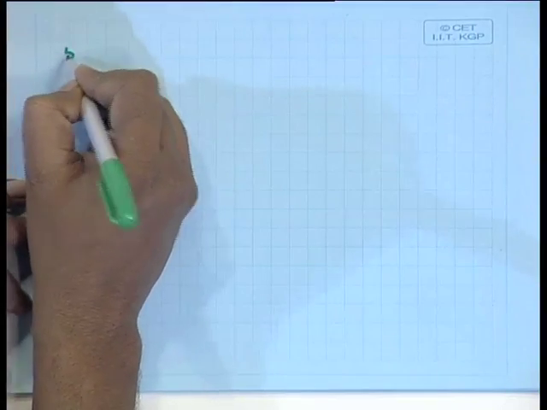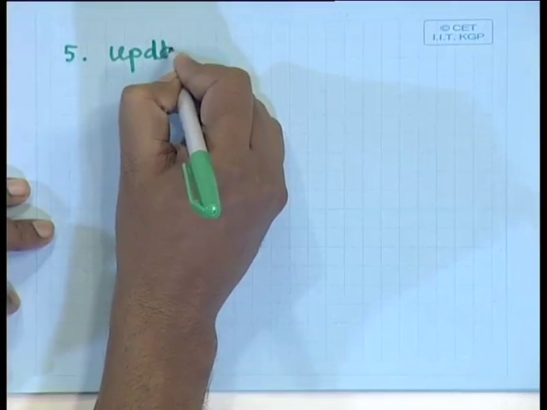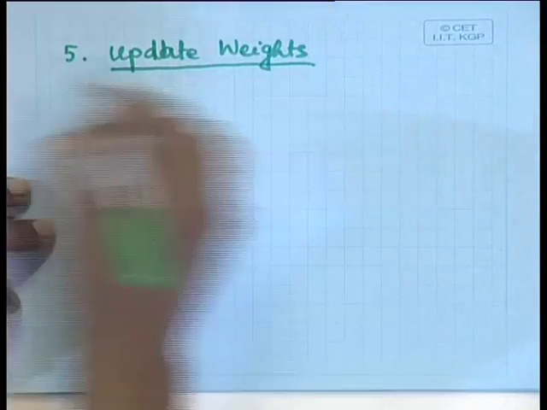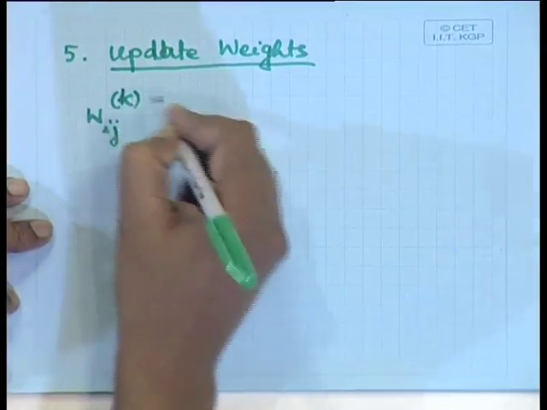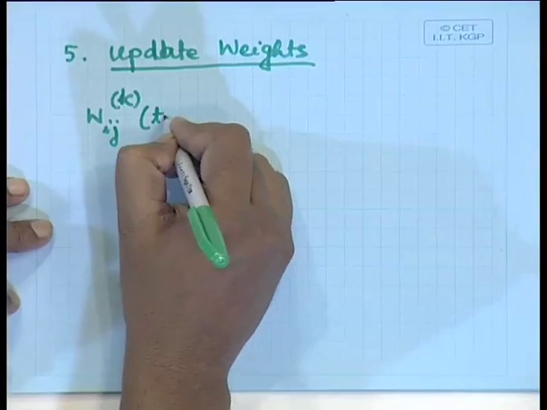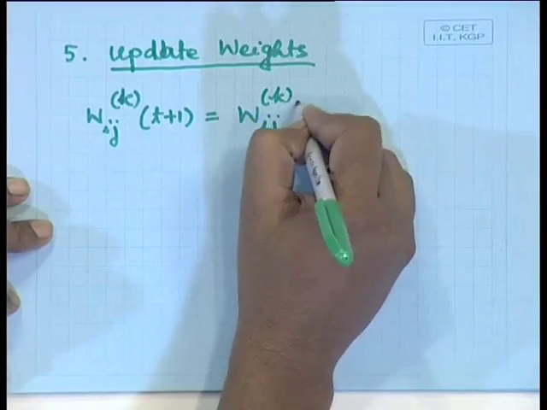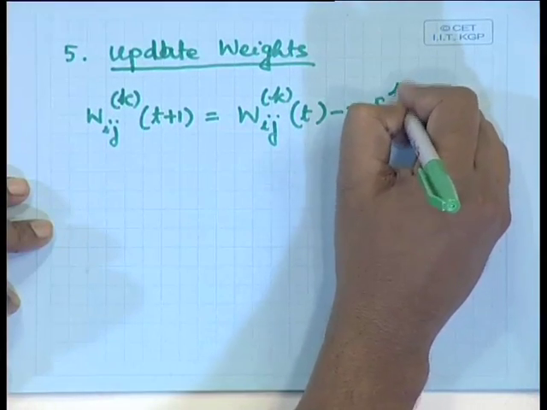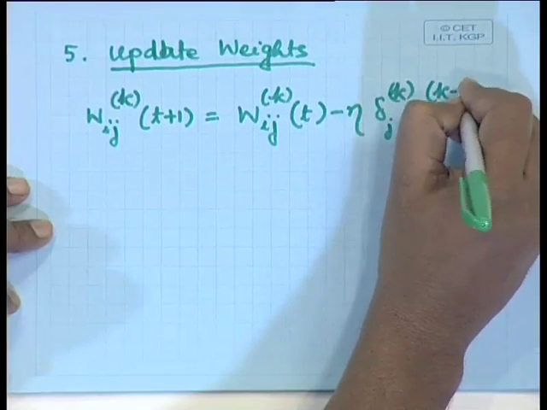So, once I have these delta terms, then comes the weight updation part. I have to update the weights. That weight updation is simply w i j k at t plus 1 will be equal to w i j k at t minus eta times delta j k into x i k minus 1.